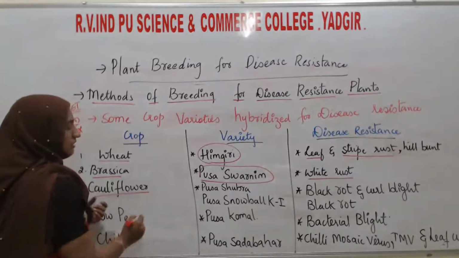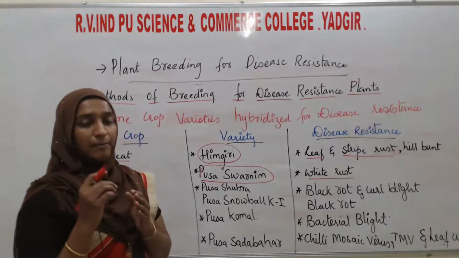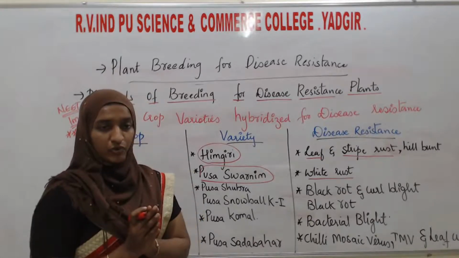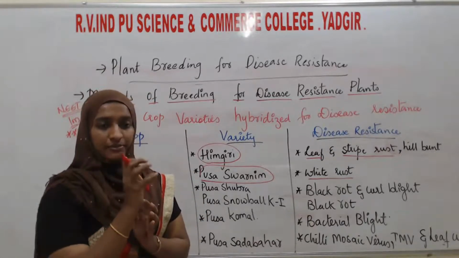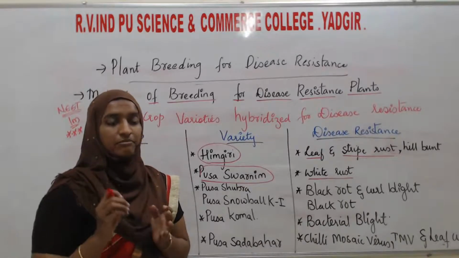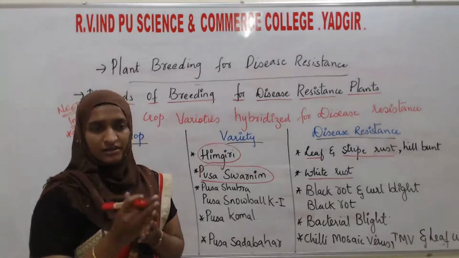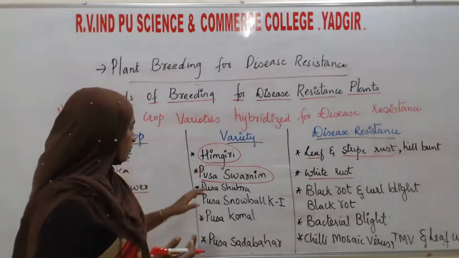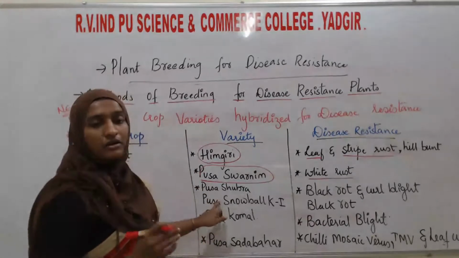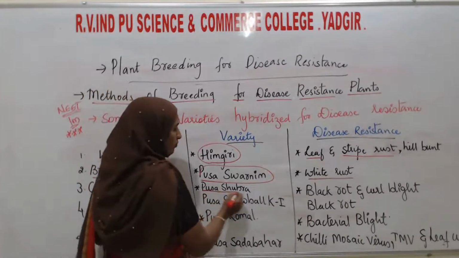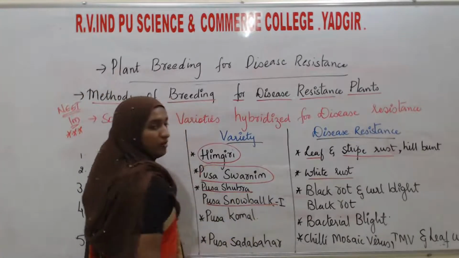In cauliflower, you can see some black spots on the flowers of the cauliflower. Okay, on whatever the buds will be there, on that you can see some black colored spots on the surface of the cauliflower. So they had developed new varieties. The two new varieties they had developed, that is the Pusa Shubhra and Pusa Snowball K1.